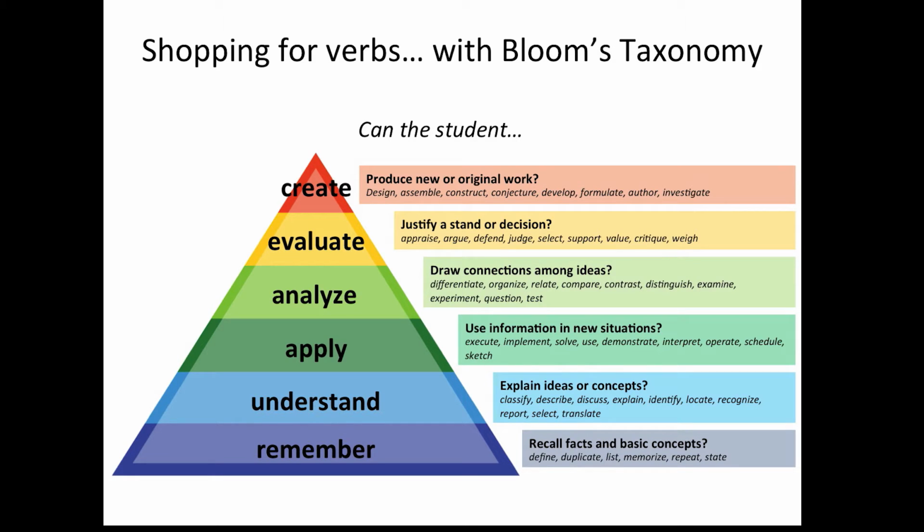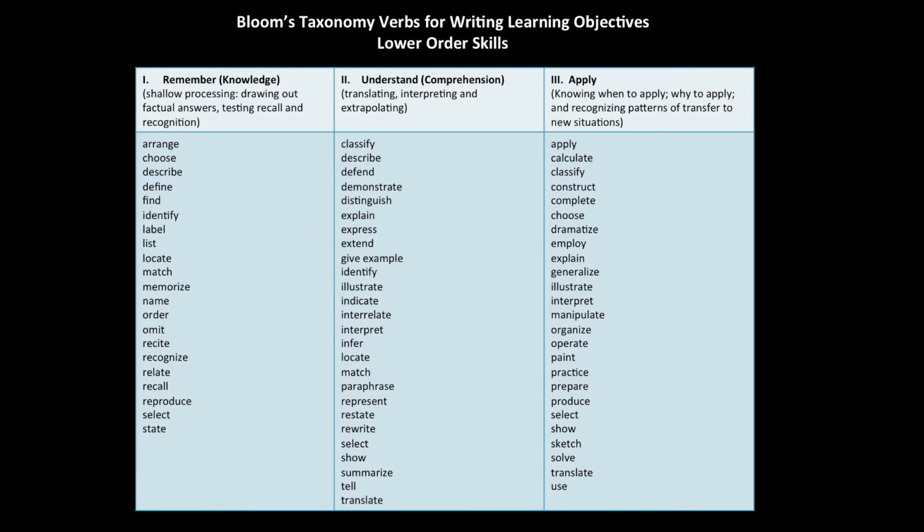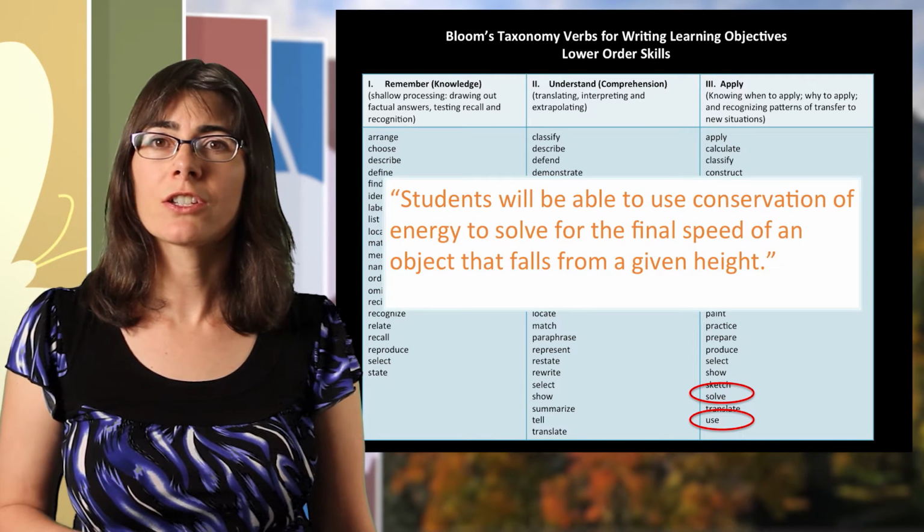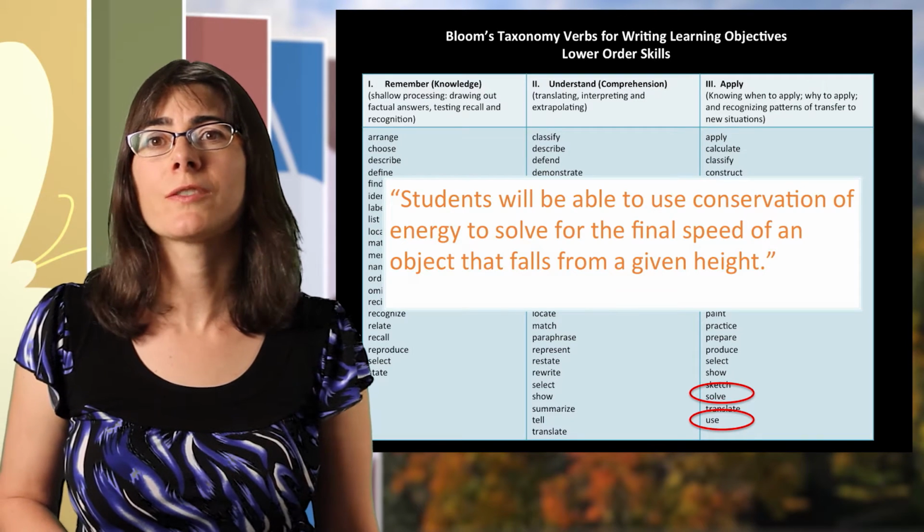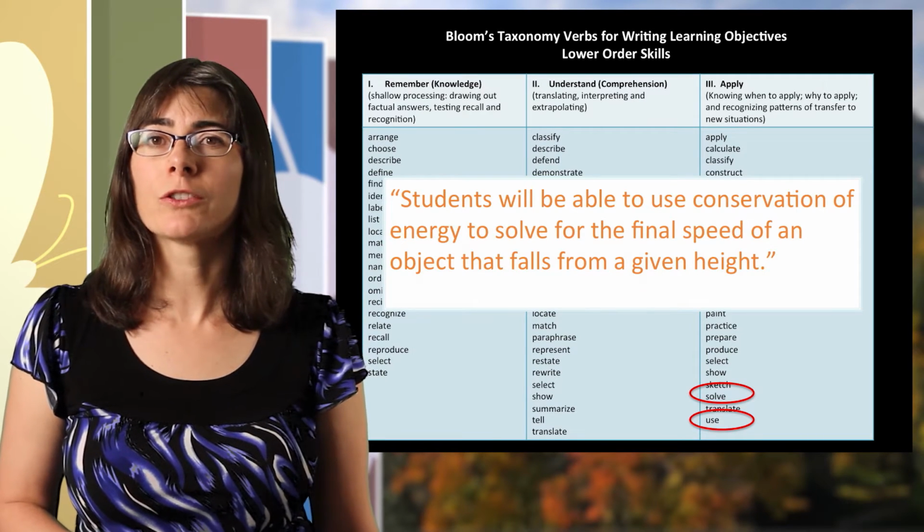And so this makes it really helpful if you're trying to write your goals to look for a verb that aligns with your expectations. So you can see here on the apply level, there are lots of different verbs. Maybe I'll focus in on solve and use. And that's going to help me write that revised learning goal that I gave you before. Students will be able to use conservation of energy to solve for the final speed. So that's helpful in writing that goal.